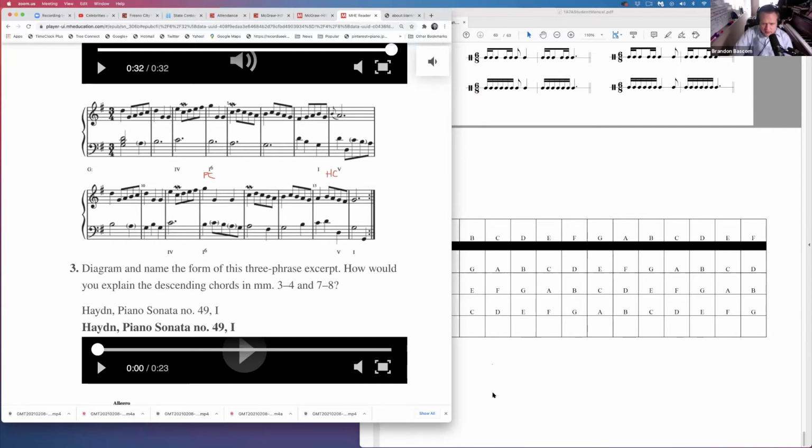So over here, I'm going to say we have an A, and we have a plagal cadence in measure 4.